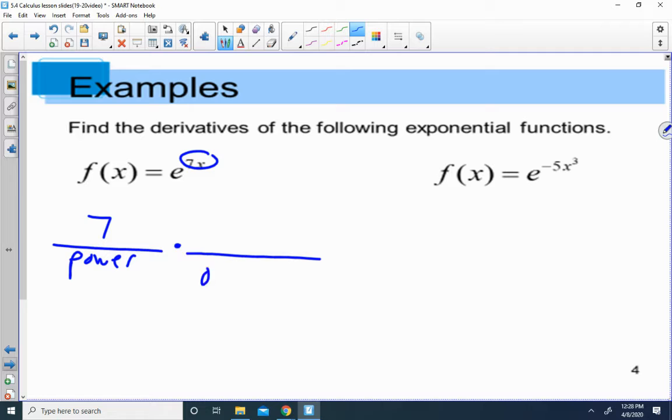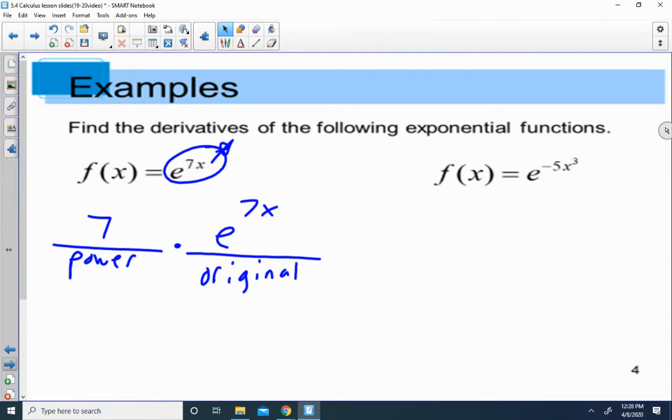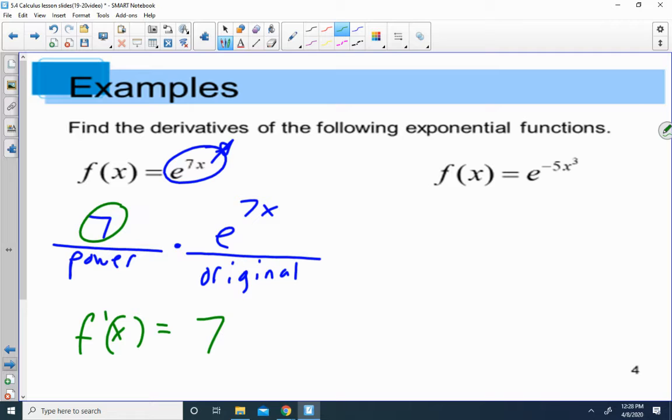Then step 2, you'll multiply that by the original. And I'm not saying just the 7x, I'm saying the whole original function, e to the 7x, the entire thing. So then multiply those two, and you'll have your derivative, which in this case will be 7 times e to the 7x.